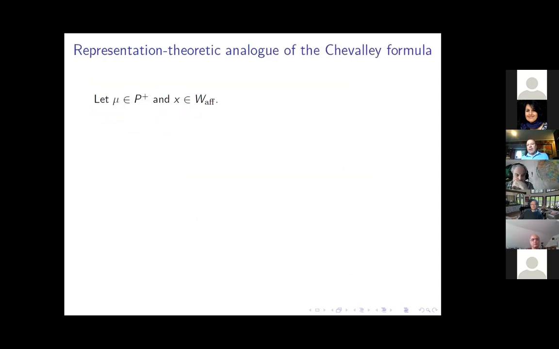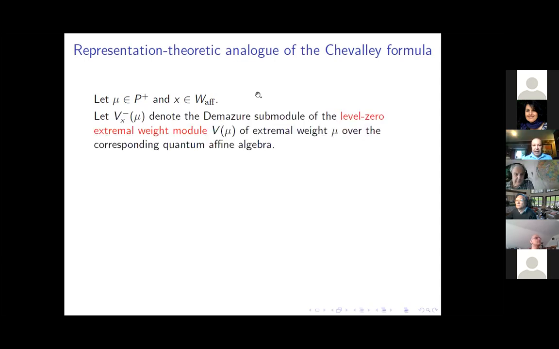So there is also, I mentioned here, connections with the representation theory, so I'll just briefly show a representation theoretic analog of this formula. For this, we need some notation. So if mu is a dominant weight and X is an element of the affine Weyl group, then we look at the corresponding quantum affine algebra, and this has the highest weight modules, but also has these interesting level 0 extremal weight modules, V of mu, corresponding to the extremal weight mu.